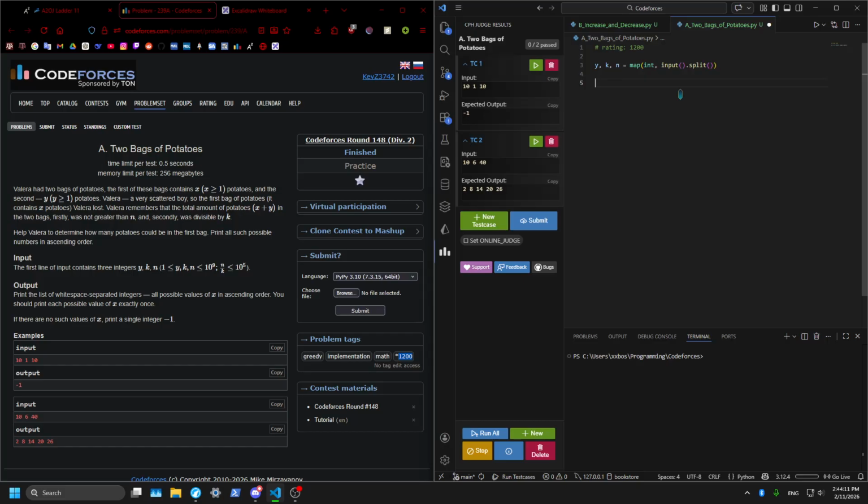So the first bag could have been... so it's print all multiples of 6, where N minus Y is 30.